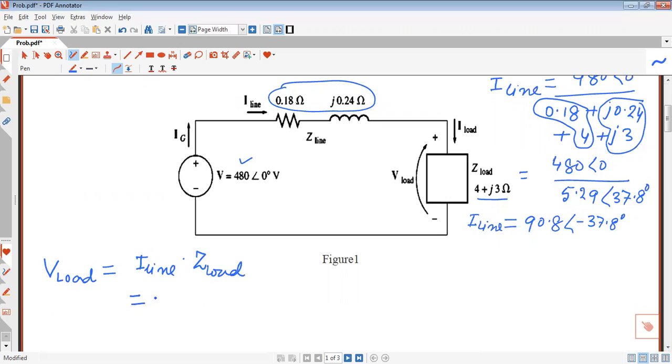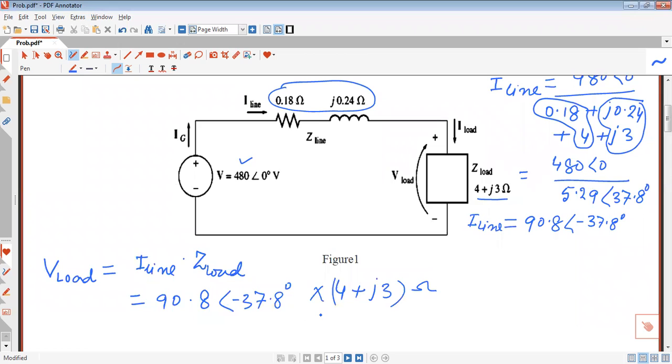The line current is 90.8 angle minus 37.8 degree, multiplied by the impedance of the load, 4 plus j3 ohm. This is in ohm and this is in ampere. So we have to convert this into polar form.